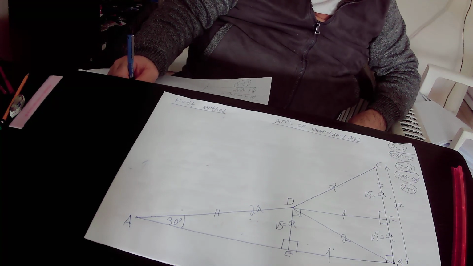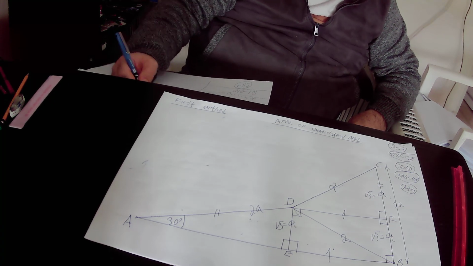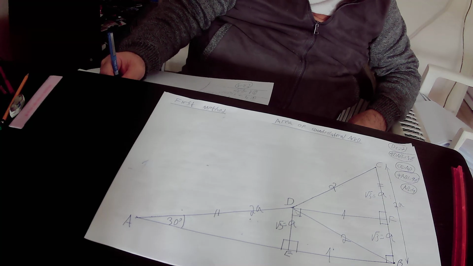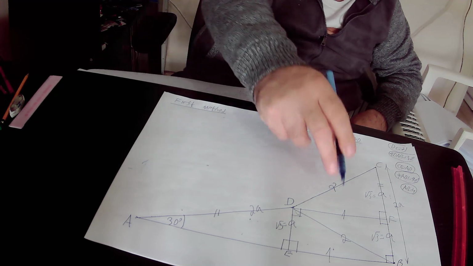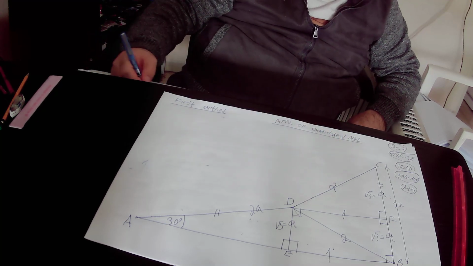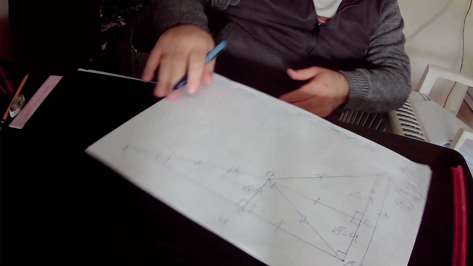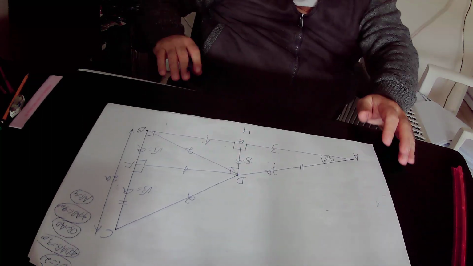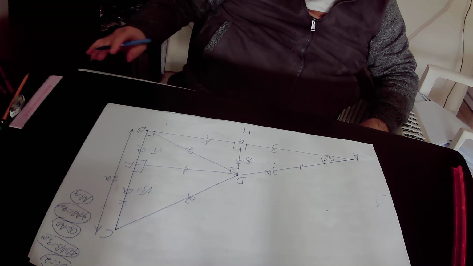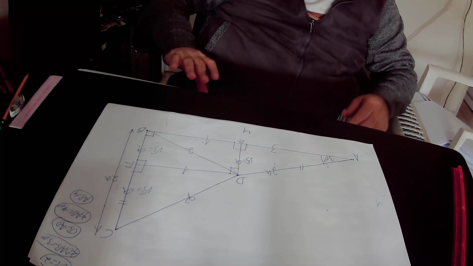So AE equals AB, AB is 4 units, minus EB, EB is 1 unit. So AE equals 4 minus 1, which is 3. So we found out that AE equals 3 units. Now we can easily find out the area of quadrilateral ABCD.